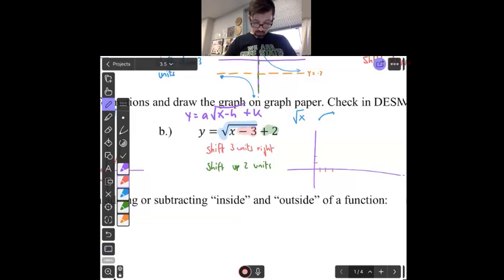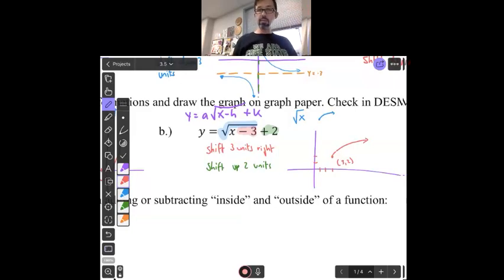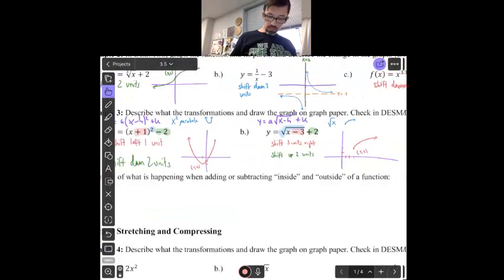So 3 units right, 2 units up, so that'd show up something like that. Okay.